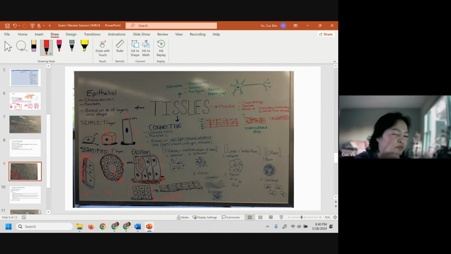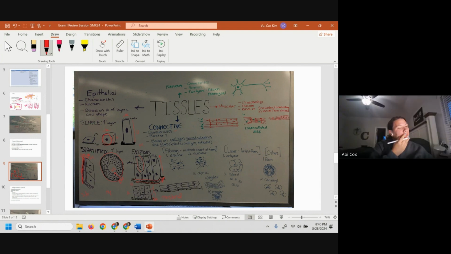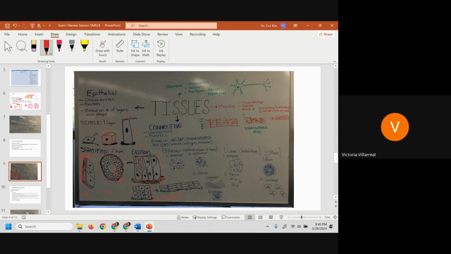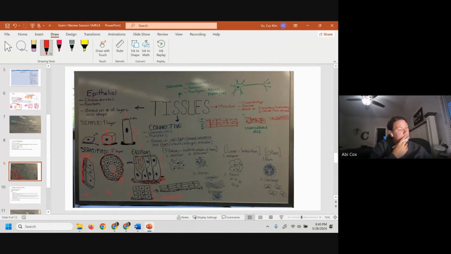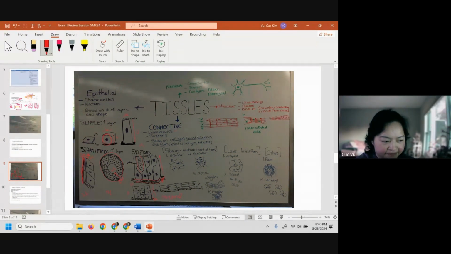Matrix includes fiber, so be more specific. Adipose cells. That's a type of loose, but we're looking at characteristics now. Ground substance? There you go, ground substance.